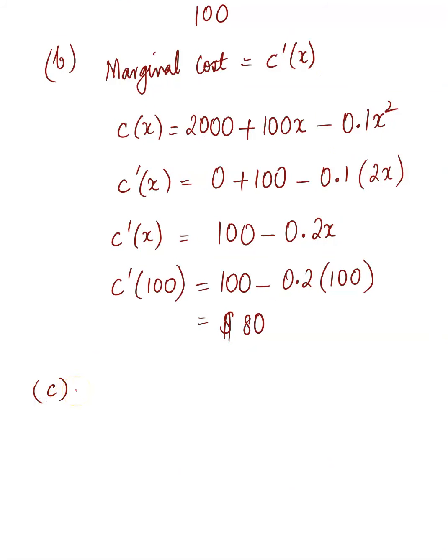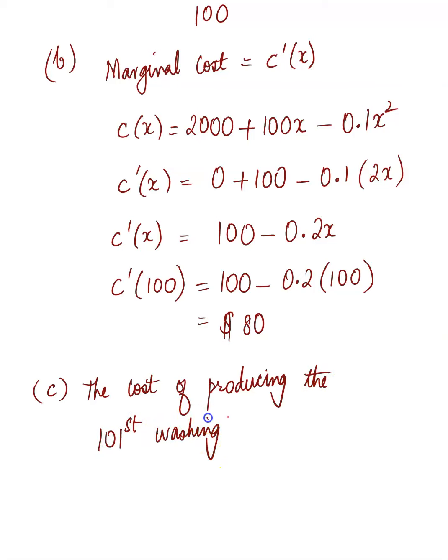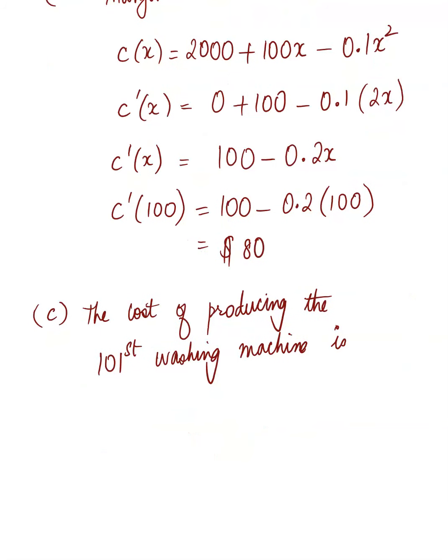I'll say the cost of producing the 101st washing machine is the cost of 101 washing machines minus the cost of producing 100 washing machines, right?